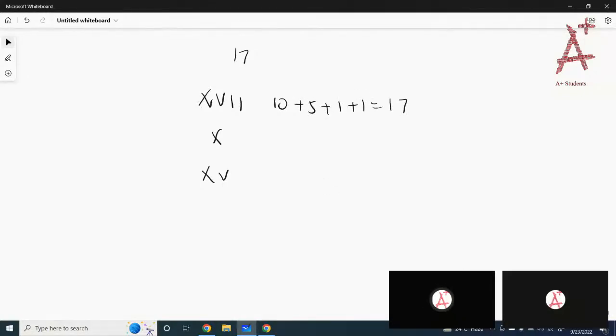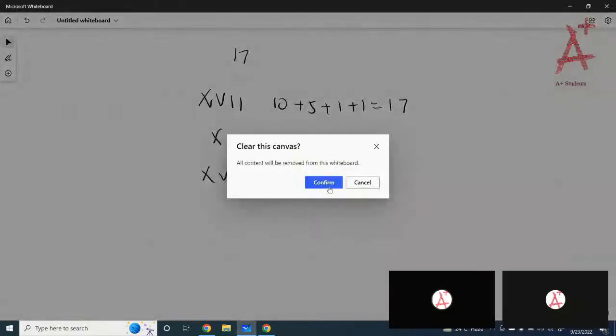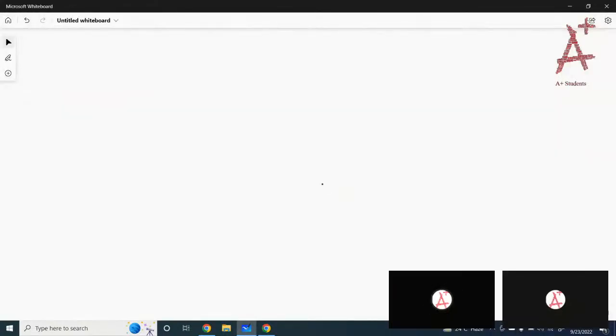Got it? Select the correct option and click on the OK button. Okay, the next one is, what number does the Roman numeral represent? So the next one is XXII. So you are given three options, 11, 12, and 22.